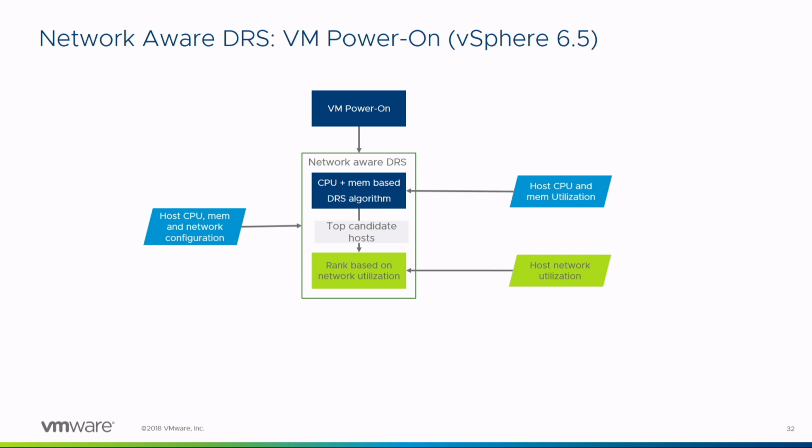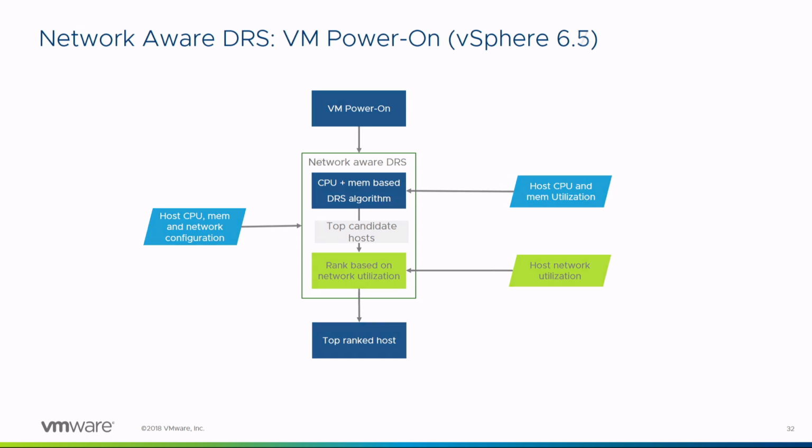That function combines all three metrics across these hosts, CPU, memory, and networking, and then we figure out the best host on all three. The good thing is, we are already looking at the best host from the old DRS algorithm's point of view. That means we are not going to violate the cluster balance, and as we are looking at the network metrics, we are good from the network point of view as well. So that's the 6.5 workflow.